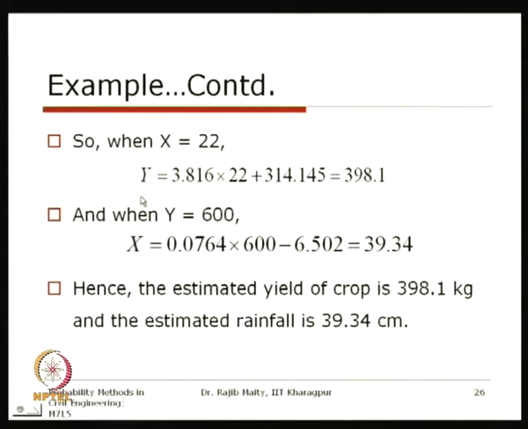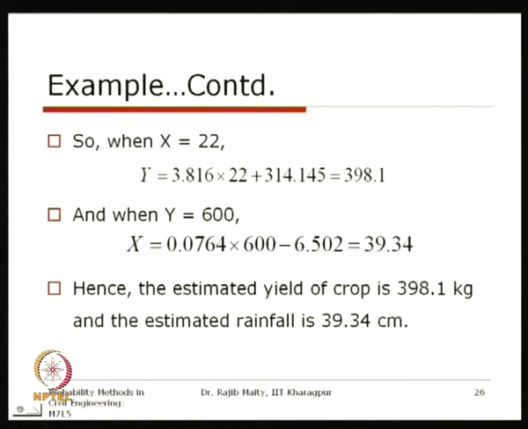Putting that in the expression we get y equals 398.1, and when the yield equals 600, the estimate of the rainfall is 39.34. So, the estimated yield of this crop is 398.1 kg when rainfall is 22 centimeter, and the estimated rainfall is 39.34 centimeter when the yield is 600 kg.